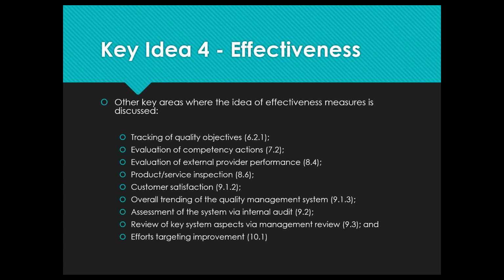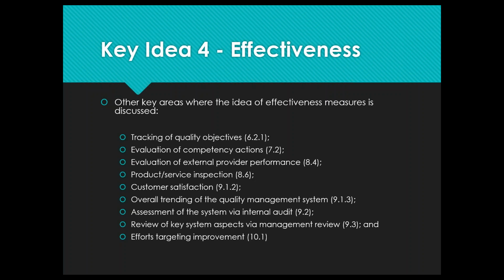So here are some key areas where this idea of effectiveness is more specifically discussed. You have to track quality objectives, 6.2.1. You have to evaluate the effectiveness of training or competency actions, 7.2. You have to evaluate external provider performance, 8.4.